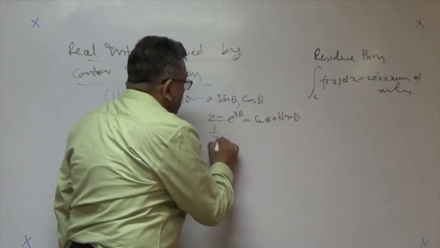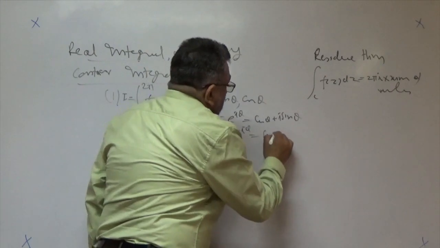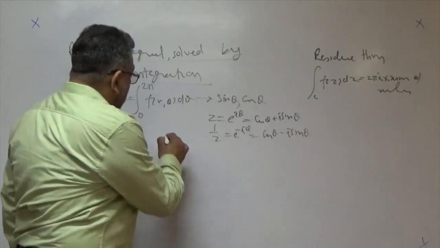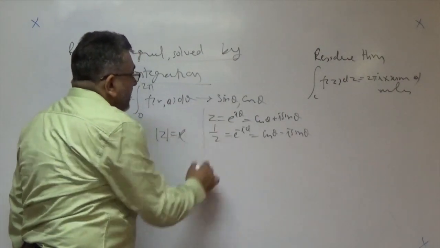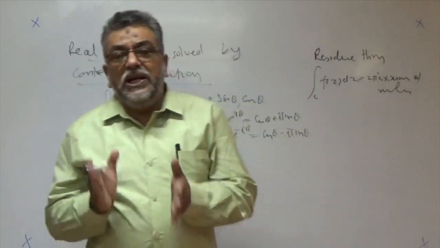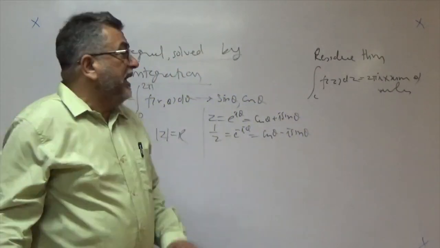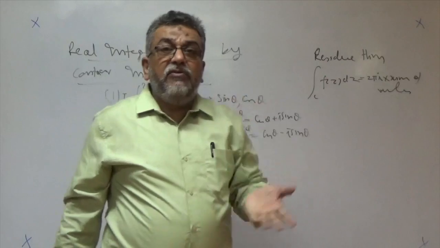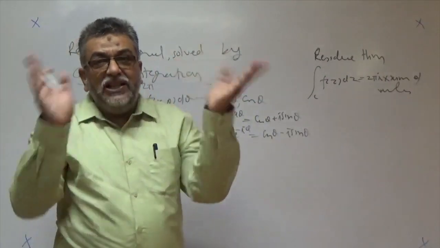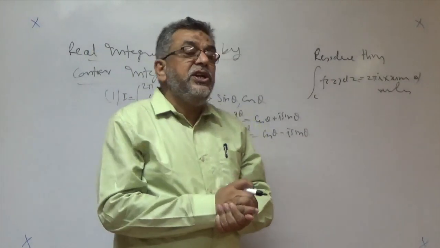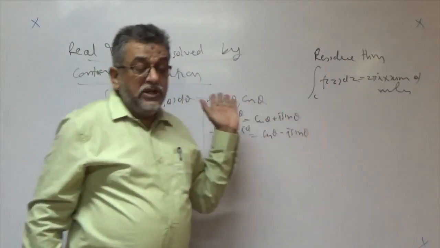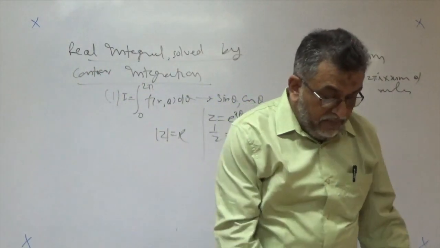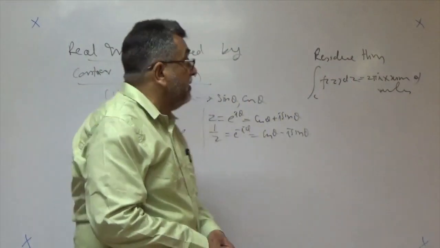Then 1 by z is e^(-i theta), that is cos theta minus i sin theta. We take the unit circle mod z equal to R, and it is reduced into a complex integral. Then we take a complex function f(z), find its poles, and find the residues at those poles which lie in the unit circle, the region of integration. Then by using the residue theorem we can solve such integrals. I also took one example based on sine theta and cos theta, and some other real integrals that can be solved this way.